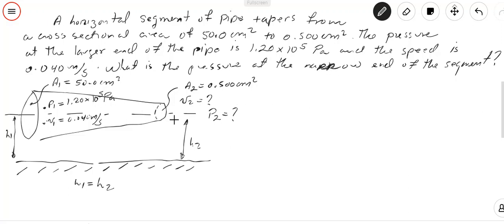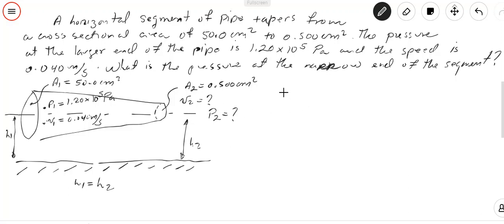Super important here to say that this segment of pipe is in a horizontal position, so the height of the segment in this part is exactly the same as the height in this other part.